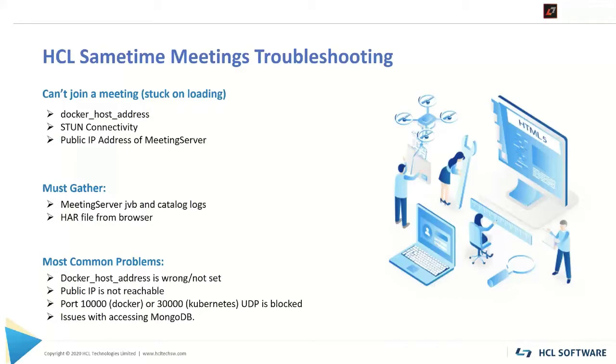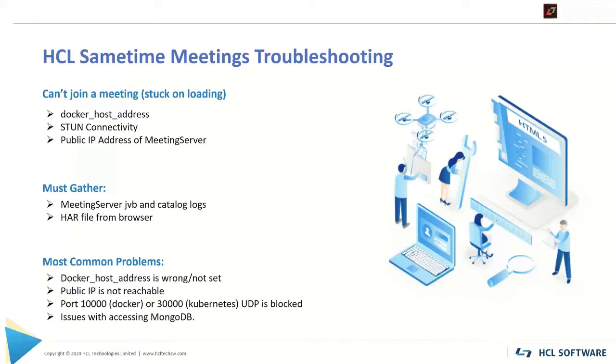We're going to look at the JVB logs to make sure that, if I'm configured for STUN, I'm able to reach that STUN server and come back with an appropriate public IP address that the clients can reach. If we're connected to STUN, we make sure that public IP address is what we expect. If we're not connecting to STUN, we fix our connection to STUN and then check the public IP.